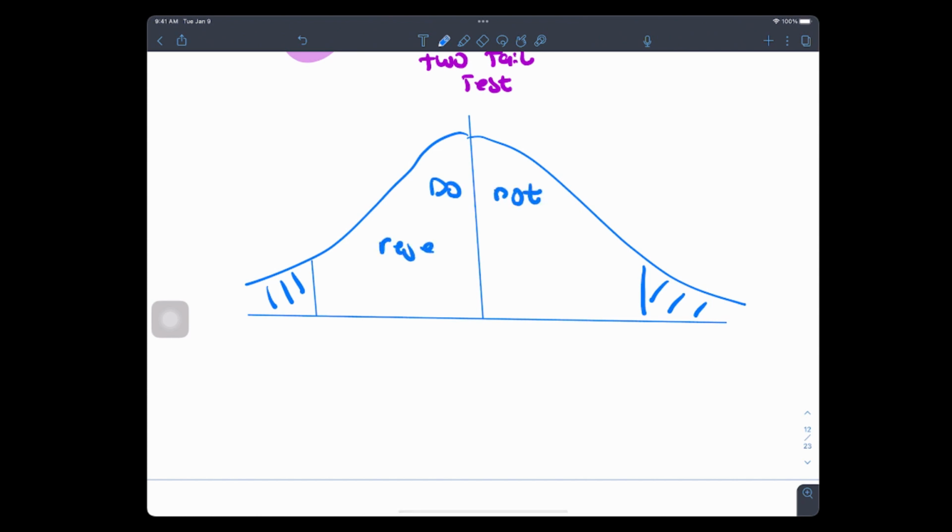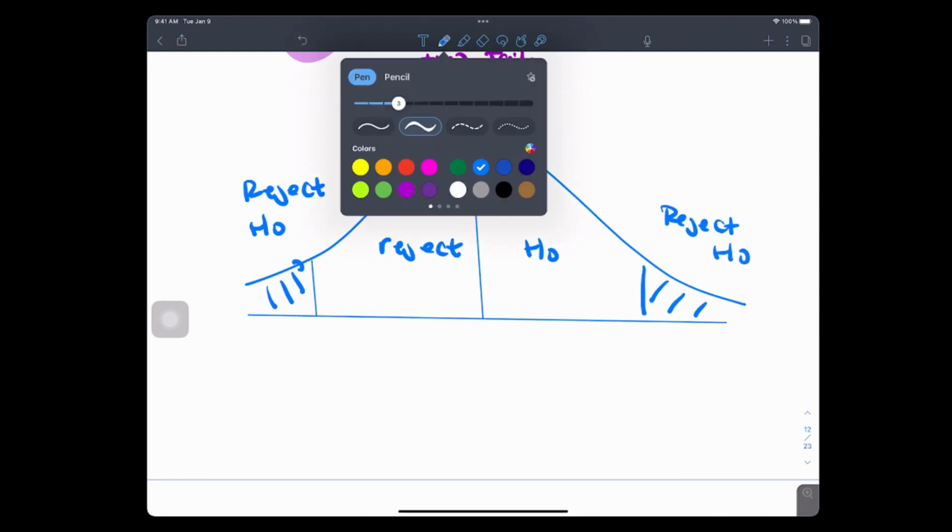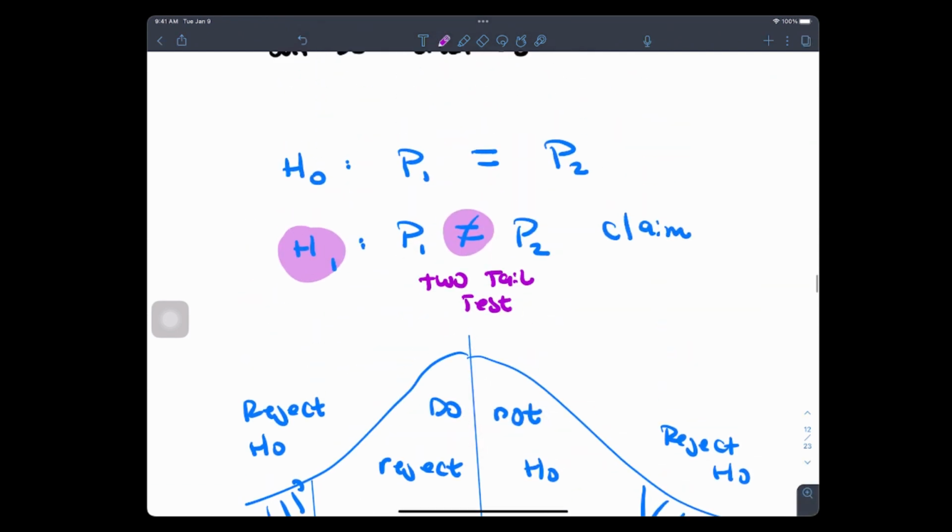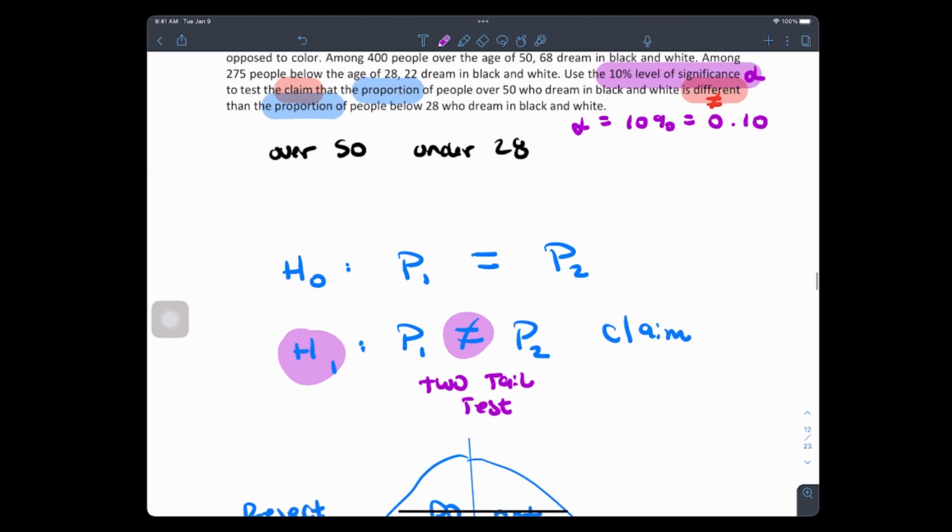Do not reject the null. What is this? Reject the null. What is alpha?